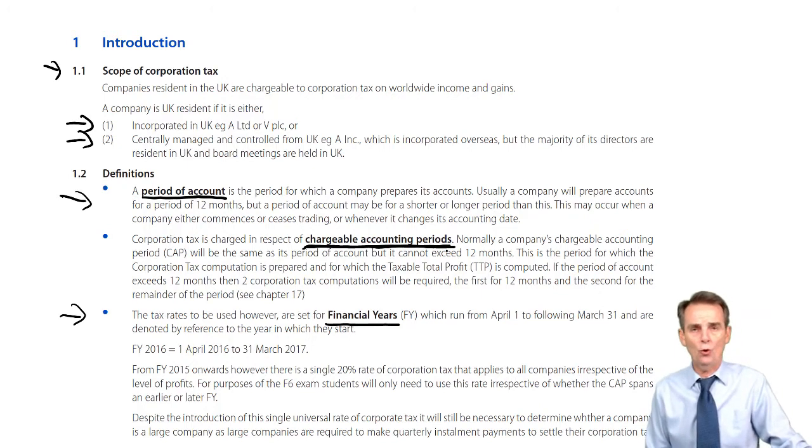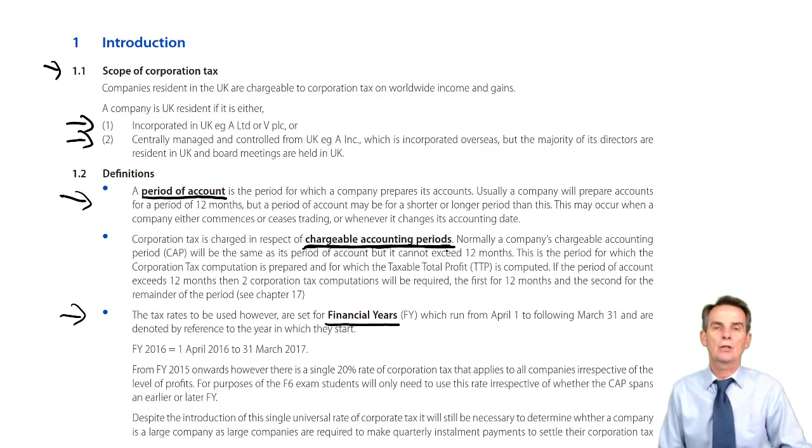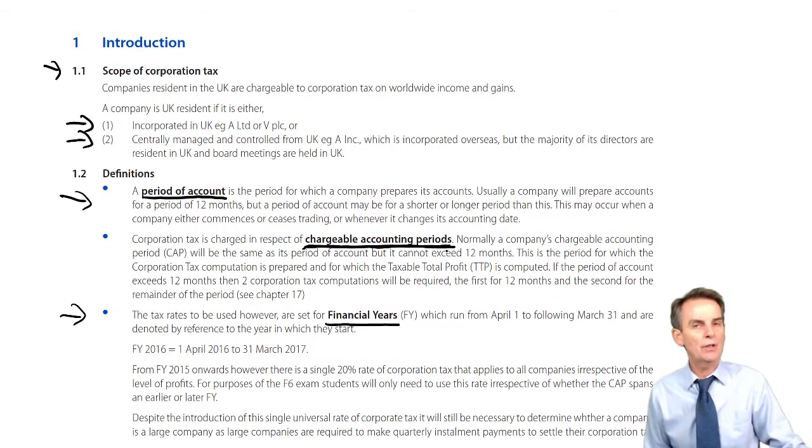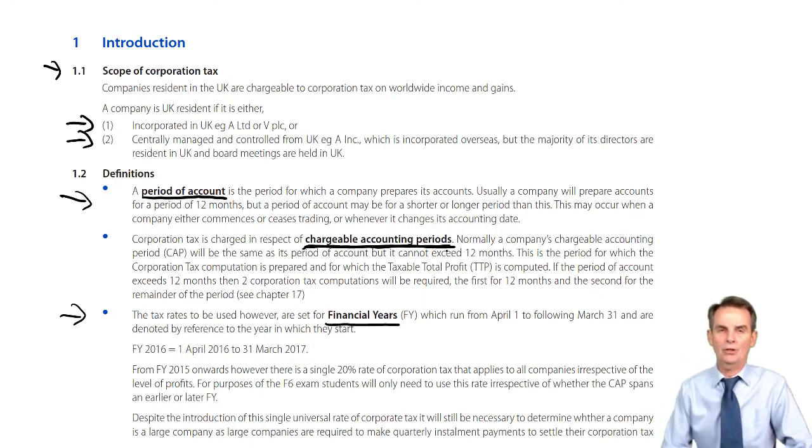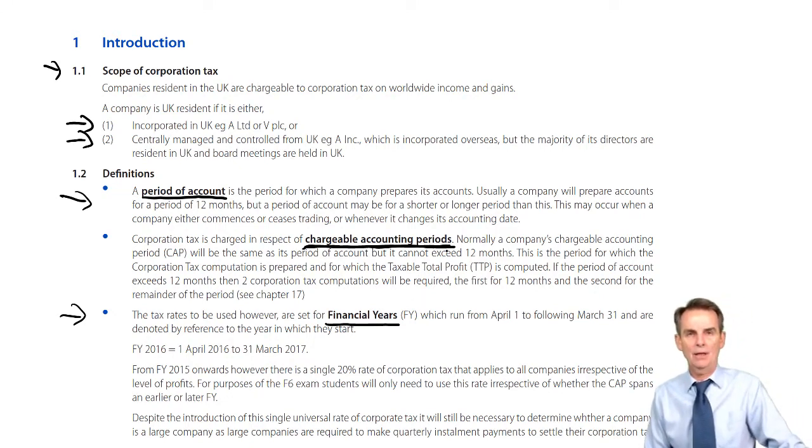That would be a short period of account. 3 months does not exceed 12, and therefore you prepare the corporate tax computation for that same 3-month chargeable accounting period. But if, on the other hand, the company decided to trade through to the 31st of December 17 and then prepare its set of accounts for the 15-month period of account through to the 31st of December 17, you would have a long period of account.